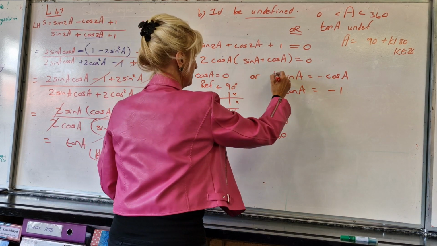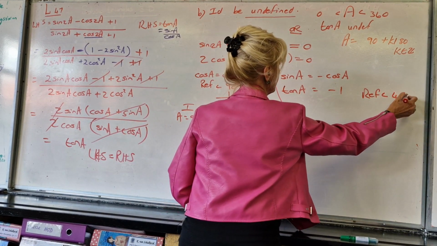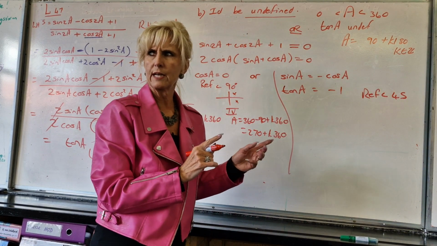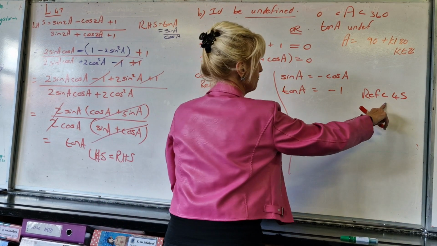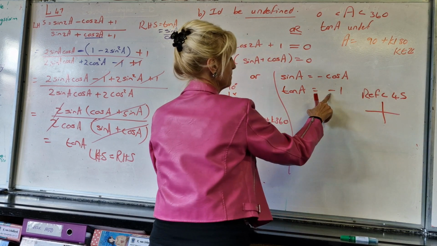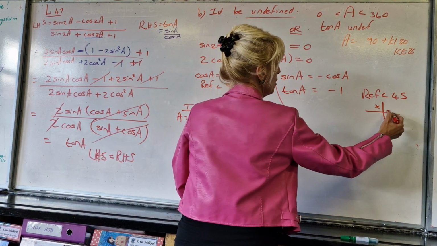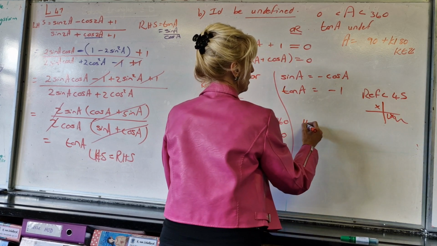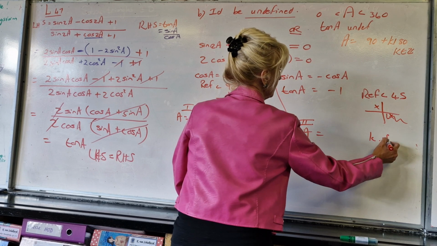And then in this case, again we're going to have a reference angle. How do I know tan equal to 1 is 45? Because you know your graphs. Right, so the reference angle is 45, tan is negative. So that's quadrant 2 and 4, which I'm not writing, I'm only going to write number 2, but then with that I'm going to write k times 180.